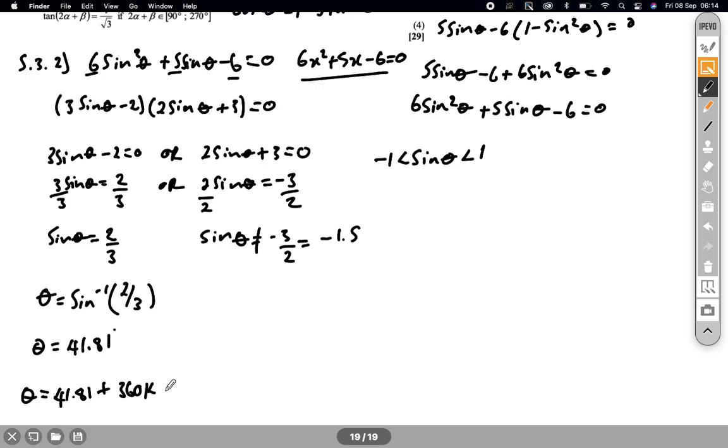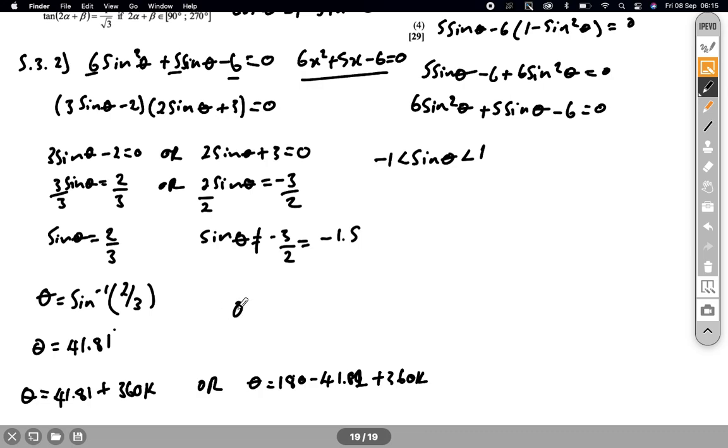And then we have theta is equal to 180 minus 41.81 plus 360k. Remember, sine has two general solutions.